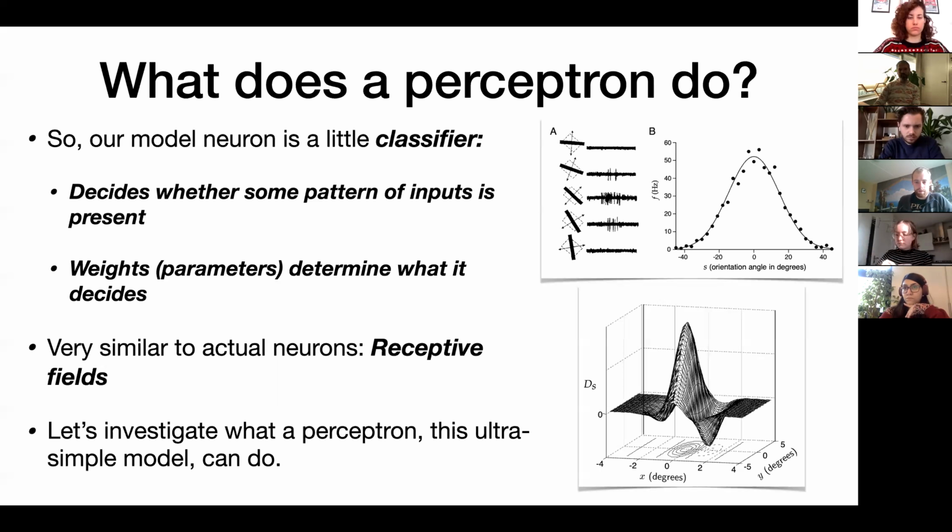And what I want to do now is take that very, very simple model of the perceptron and just look around to see what it can do. So what are the types of functions that this perceptron can do? We're going to start out with a very, very simple perceptron and see what it can do in terms of classification.